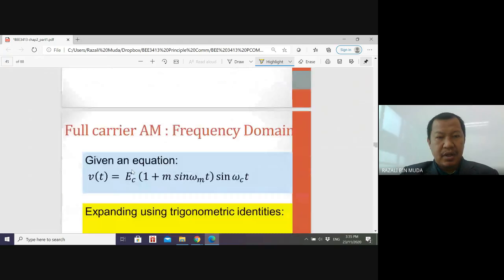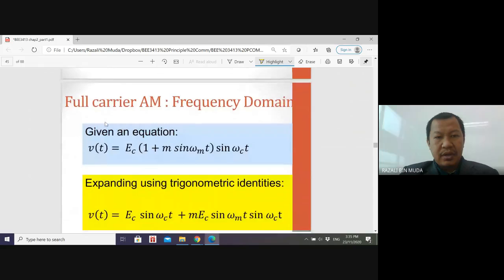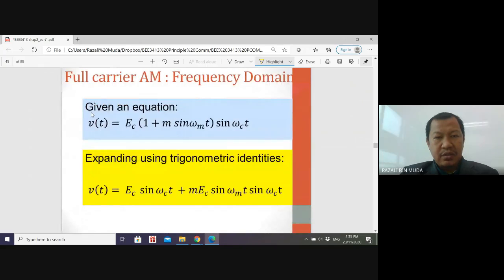Full carrier. So this is given an equation. This is the equation for the AM signal. You have seen this in previous lesson. So this is the AM signal. This Ec is the magnitude of carrier.